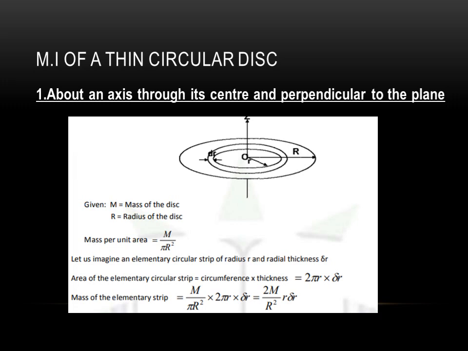The mass of that elemental strip is mass per unit area multiplied with the area of the circular strip, that is M divided by pi R square into 2 pi r dr, which equals 2M divided by R square into r dr.